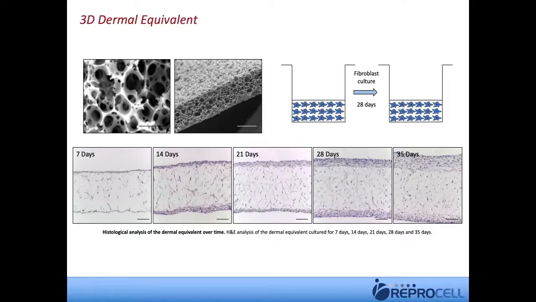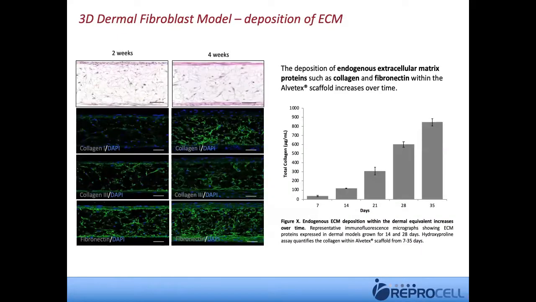We give those cells sufficient time to enter the material, populate it, grow on the surface, and also deposit significant quantities of extracellular matrix. And we can monitor that by various methods. So for example, on the left, we have immunofluorescence detection of various extracellular matrix markers, such as different isoforms of collagen and fibronectin.